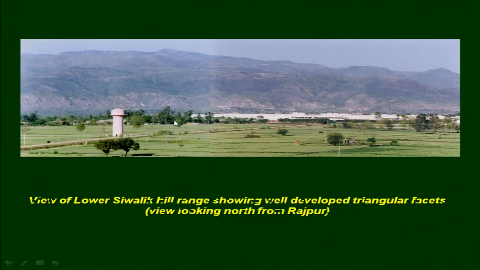These are all triangular facets marked along the front of the Main Boundary Thrust, and these hills are of the Lesser Himalayas, and the foreground here is the Dun Valley or intermontane valley, and the contact is marked by very sharp fronts. This is a view of the lower Shivalik ranges showing well developed triangular facets.